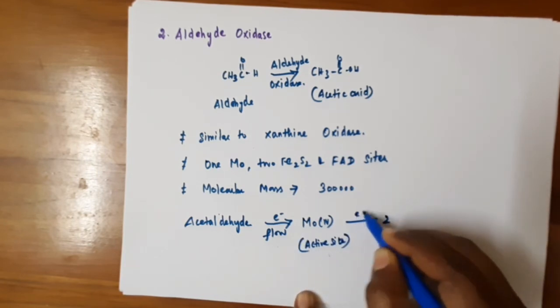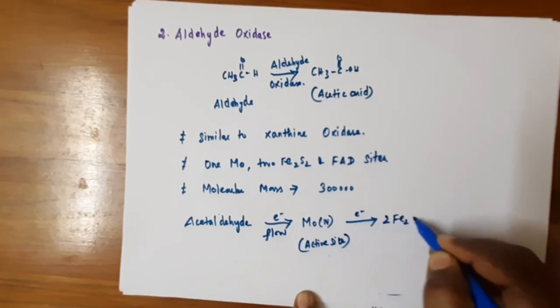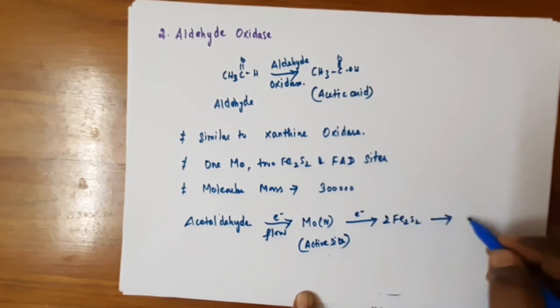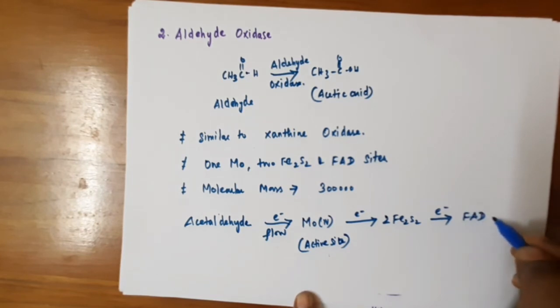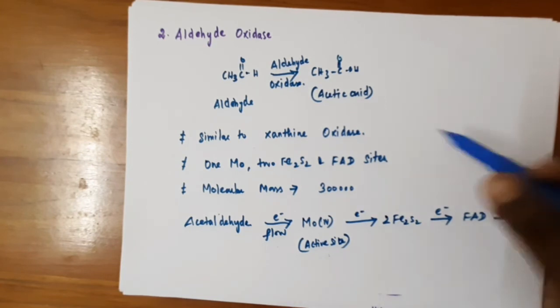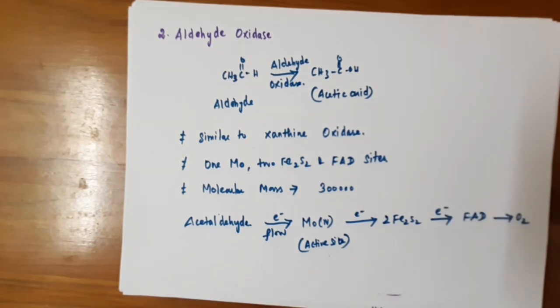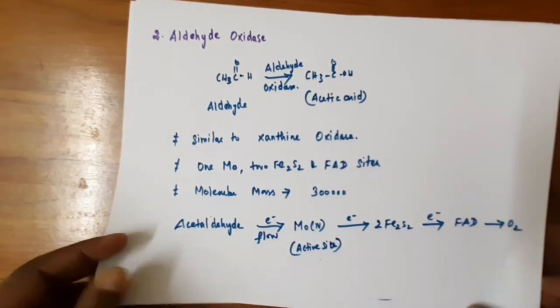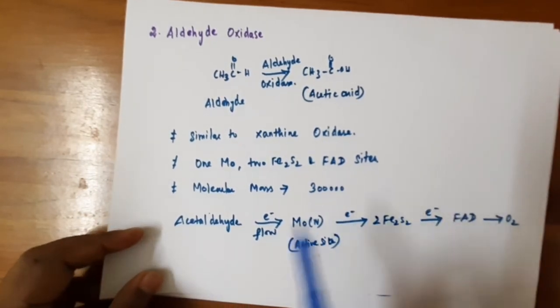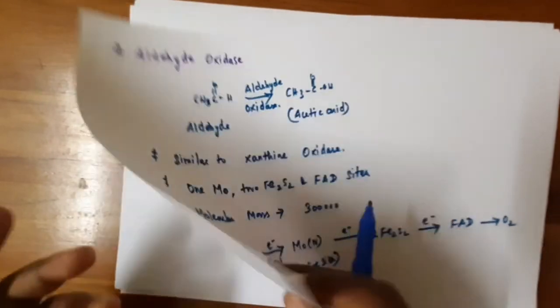It transfers the electron to the Fe2S2 subunits, and they transfer electrons to flavin adenine dinucleotide, which then generates molecular oxygen to insert the oxygen in the acetaldehyde unit. Okay, this is the flow of electrons facilitated by the electron transfer reagents. So this is about aldehyde oxidase.